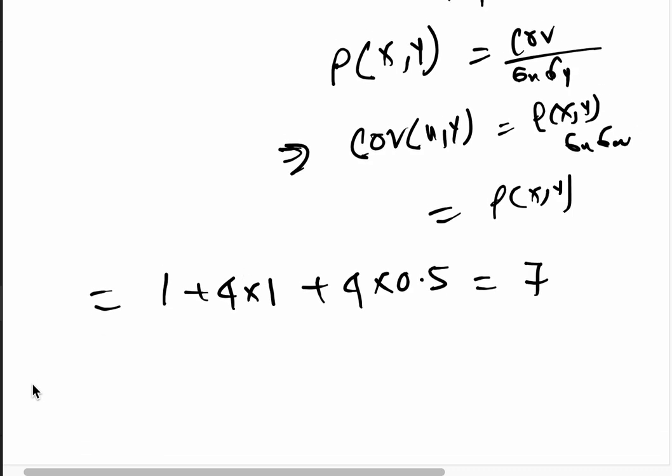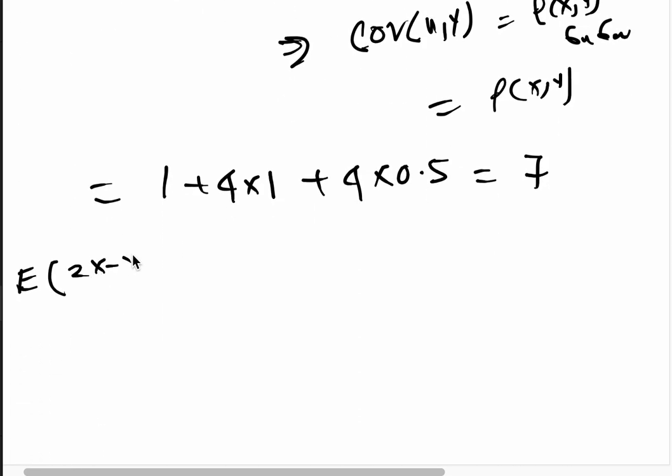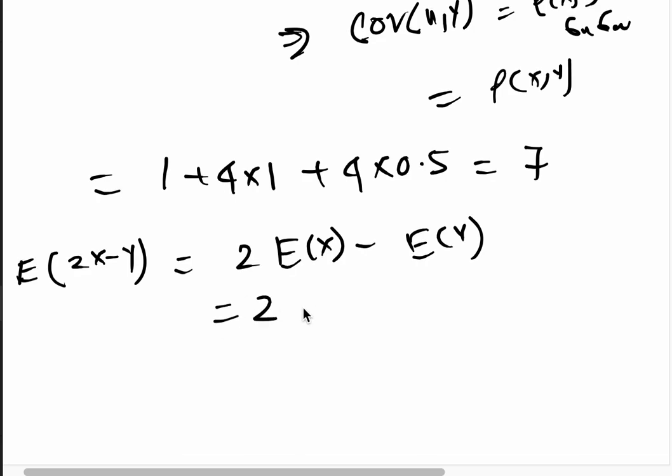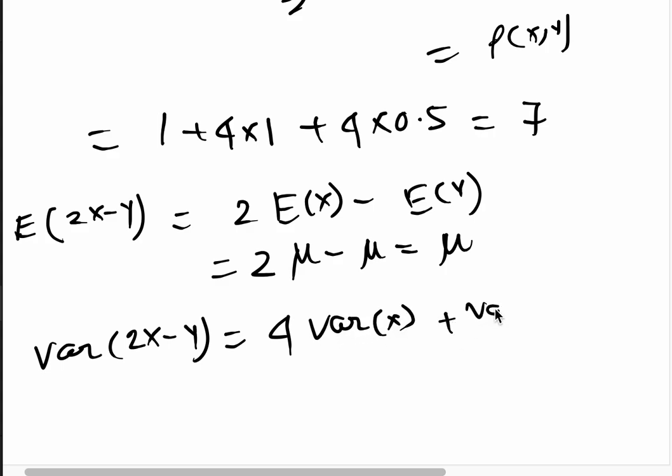Now similarly, let's see the expectation of the second variable, that is 2X minus Y. That will be 2 expectation of X minus expectation of Y, so that is 2 mu minus mu, that is mu. And the variance of 2X minus Y is 4 variance of X plus variance of Y minus 4 covariance of XY.